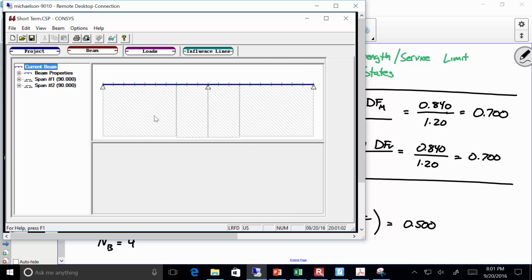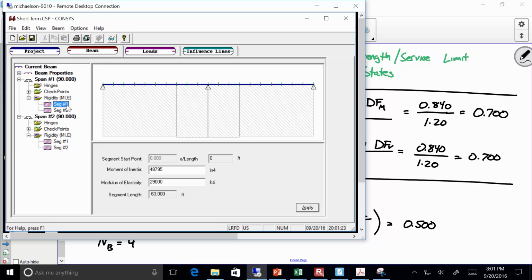Once you go through and define your beam, which we had done a while back, it was a two-span bridge, 90 foot long, and I threw in each of our moments of inertia. The only thing I would point out is that in this file I'm doing a short-term composite analysis. So my moments of inertia are not the steel-only values, they're a little higher.